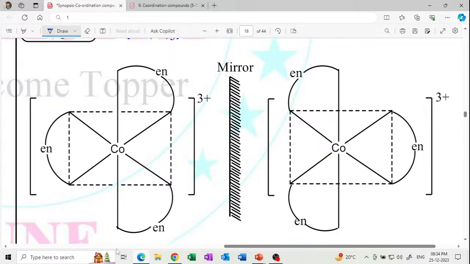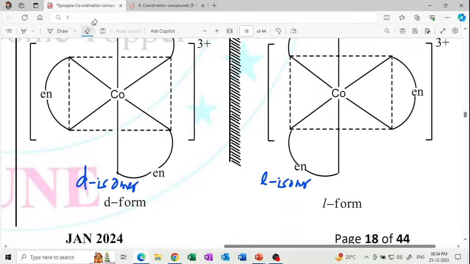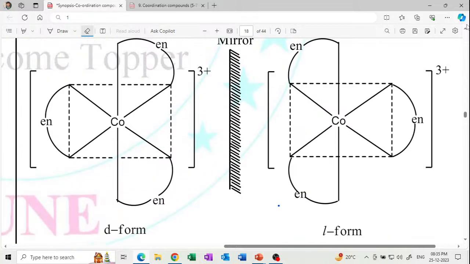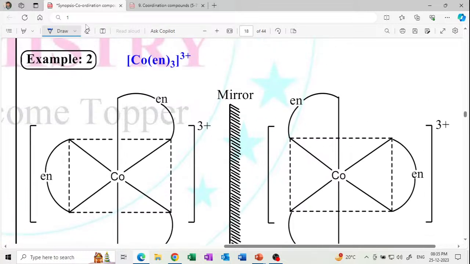So this is the D isomer, this is the L isomer. At least write the D and L isomer. If one is written as D, the second is the L isomer. [Co(en)3]3+.